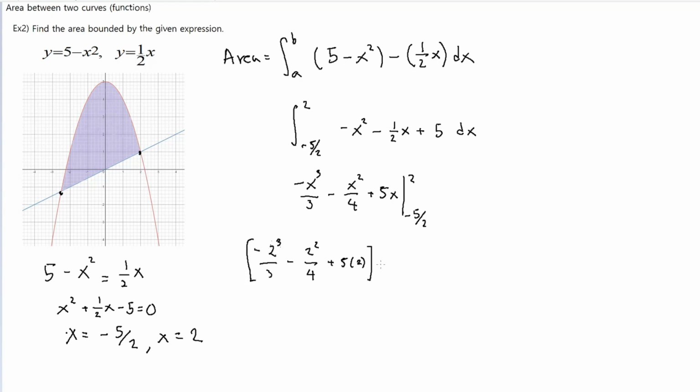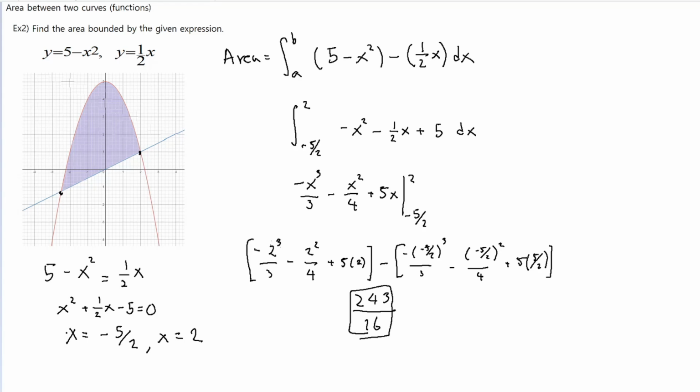All of this will get subtracted by negative 5 over 2 to the third power over 3 minus negative 5 over 2 squared over 4 plus 5 times negative 5 over 2. And if you calculate these values, you're going to get 243 over 16 as your area between two curves.